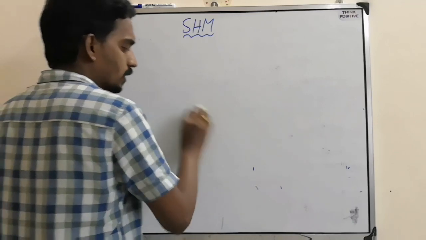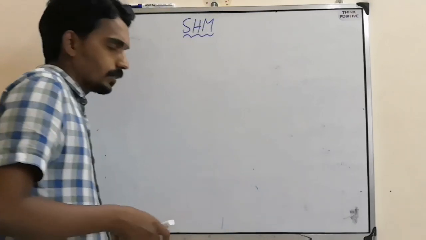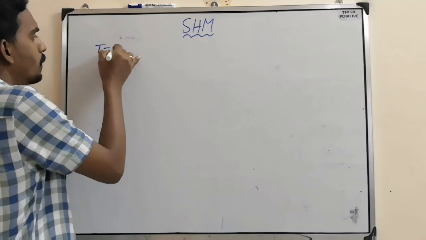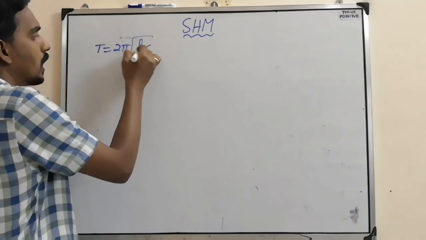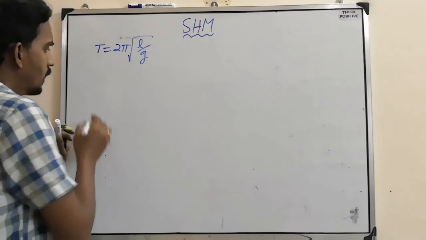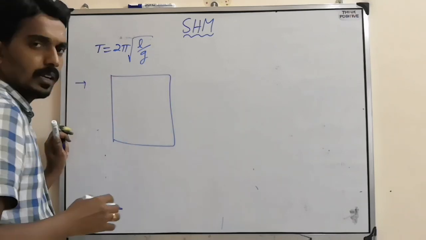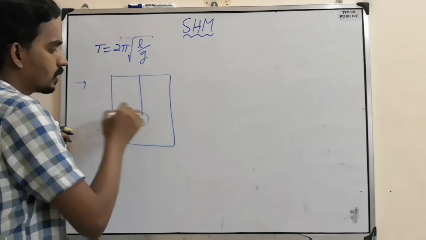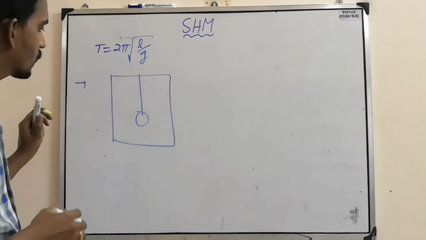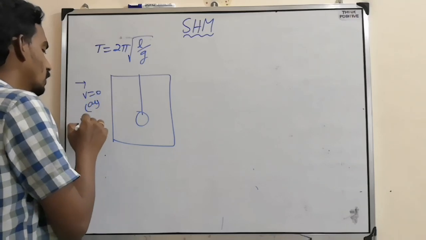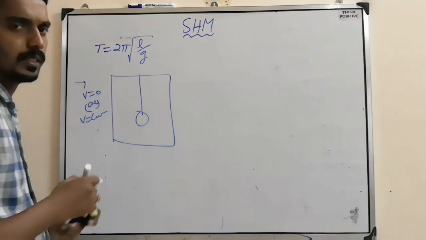Now, suppose you consider the simple pendulum case. When there is a pendulum, the time period is 2 pi root L by G. Now, the very first case: suppose there is a lift and you have attached the simple pendulum to the lift, where it is at rest or moving with constant velocity.